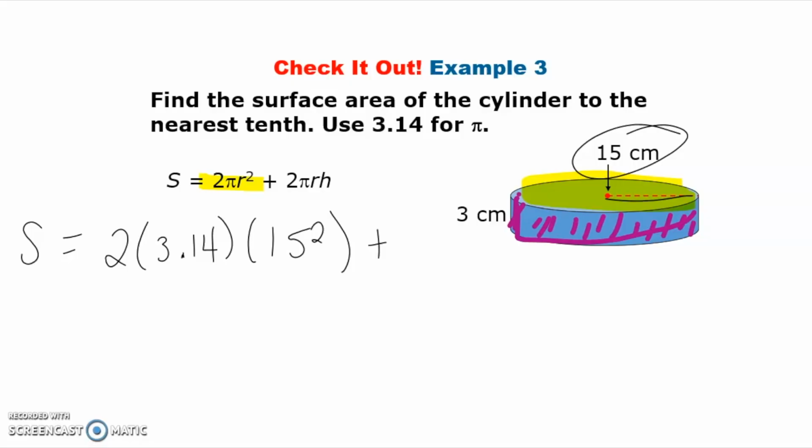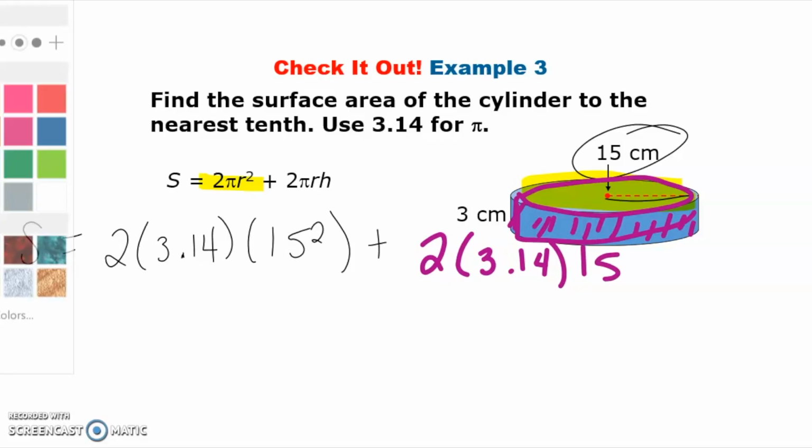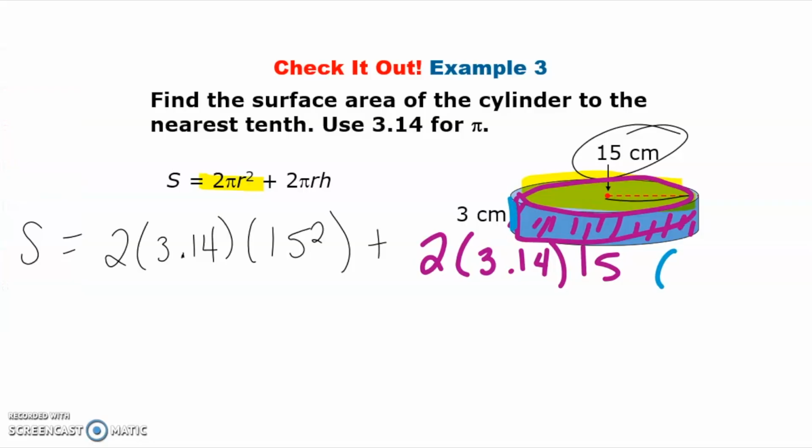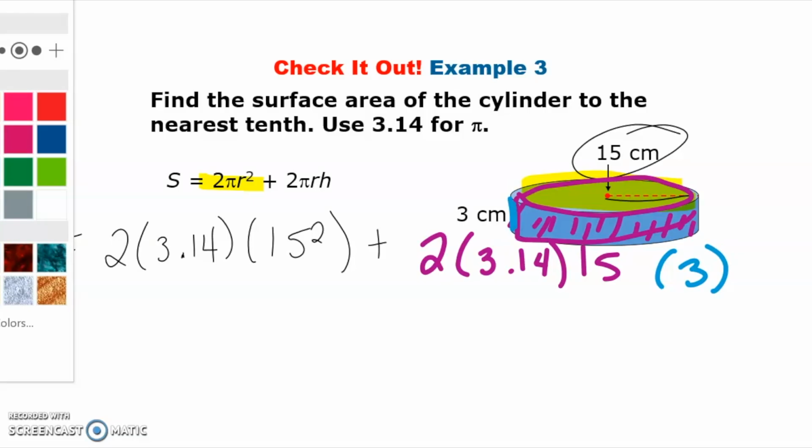The first thing we're looking at is the circumference. So that's where we get the 2 times pi, 3.14, times the radius. Remember that part is the circumference. And then we'd be multiplying that by the height of our cylinder in this case, which is 3.